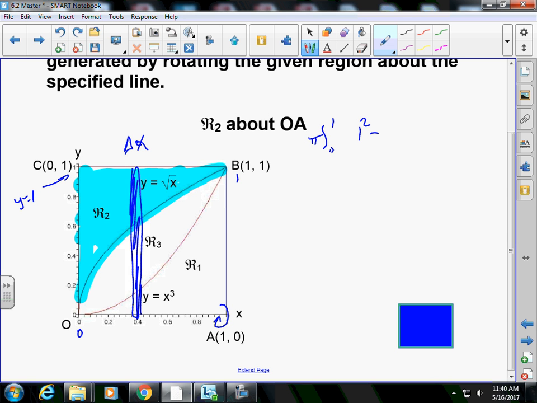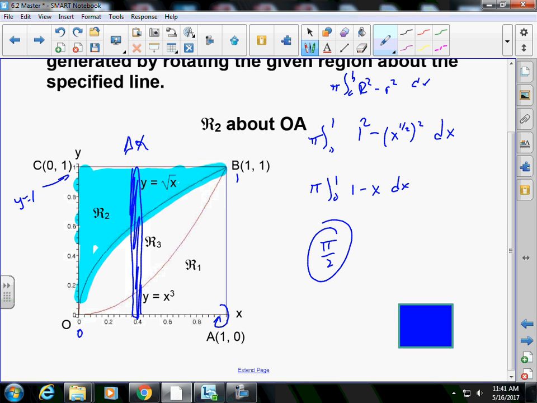My bottom function, because remember it's big R squared minus little r squared, dx, a to b, pi. My little r squared is y equals square root of x, or x to the 1/2 squared dx. And I get pi from 0 to 1, 1 minus x dx. I'll give you a second to do all this work. Pause the video, and you should get the final answer of pi over 2.